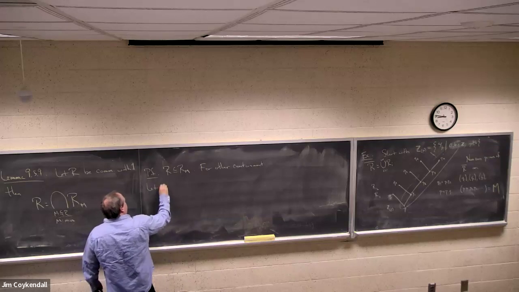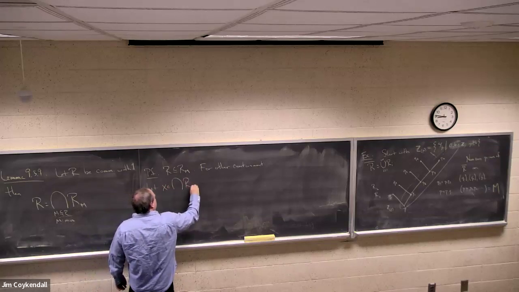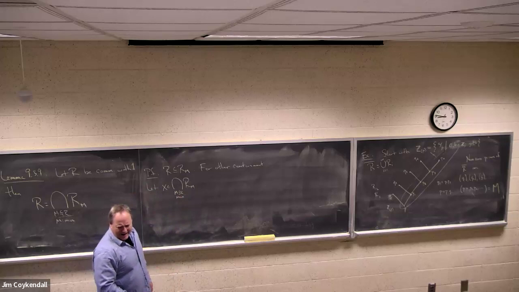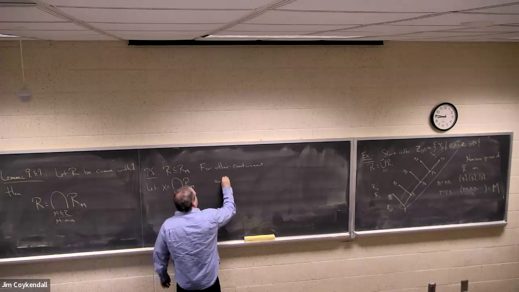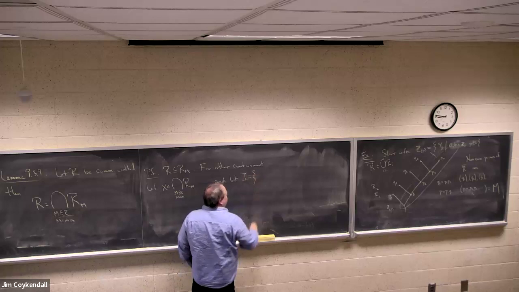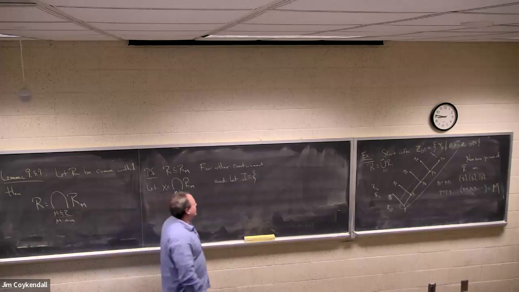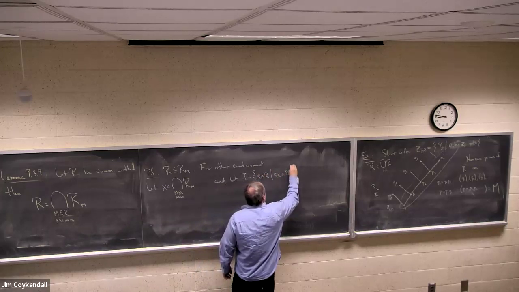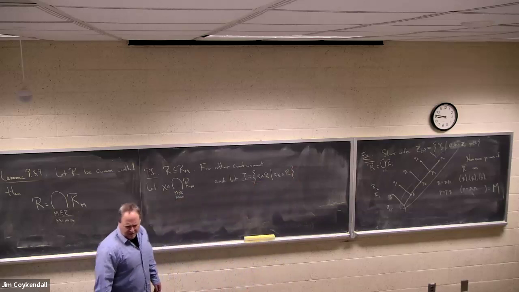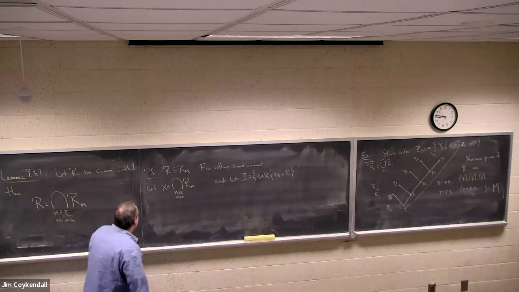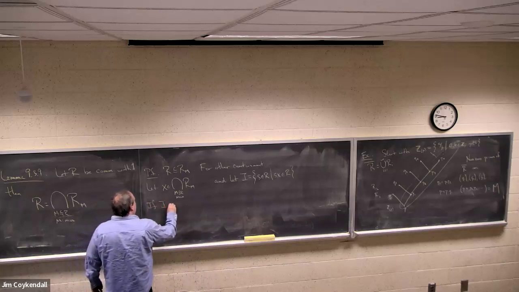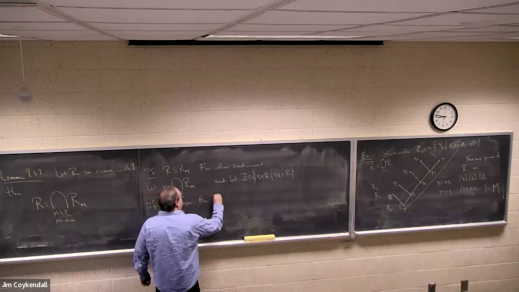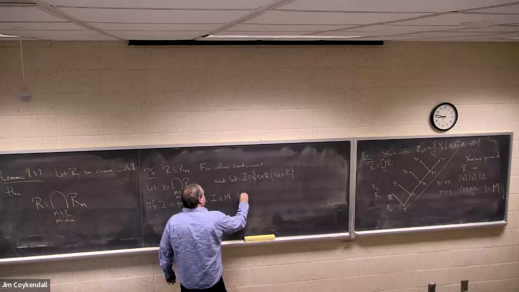Let X be in the intersection of the R localized at M, and let I be the set of S in R such that S times X is contained in R. If I is proper, then I is contained in M for some maximal ideal.